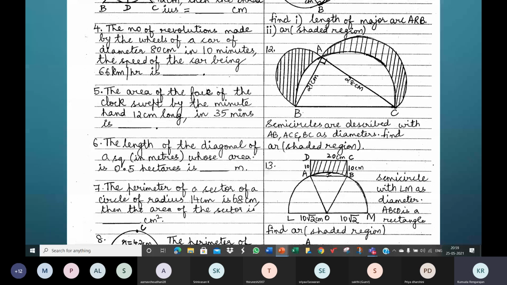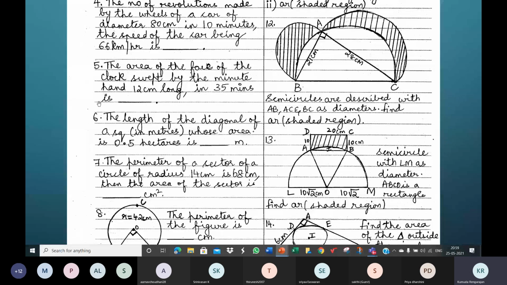And I think you were asked to work the seventh also. What's the answer for the seventh one? Perimeter of the sector? No, area of the sector. 280 centimeters square. Did we use LR by 2? Yes, ma'am. LR by 2. Length of arc.